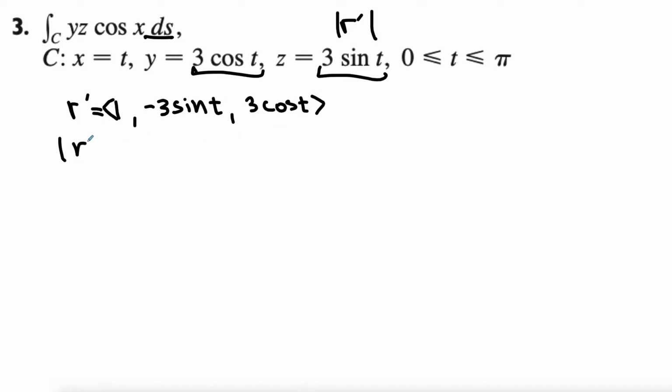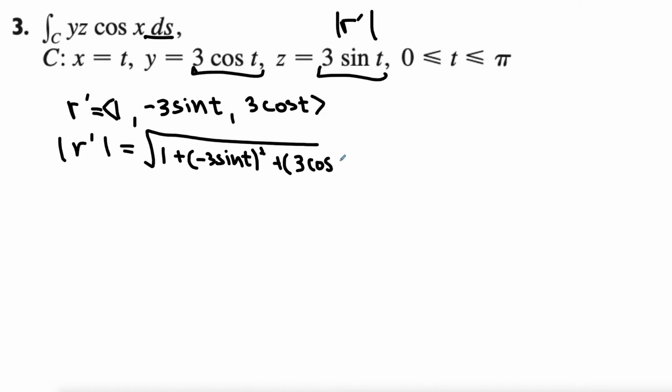So the magnitude of r prime, which will get us ds, is in fact equal to the square root of 1 plus (-3 sine t) squared plus (3 cosine t) squared. Now you realize that these two add up to be 9, because sine squared plus cosine squared equals 1. So this is 9 plus 1, and we get the square root of 10.